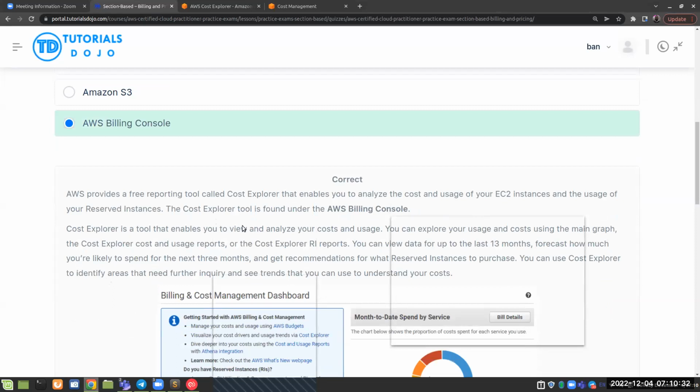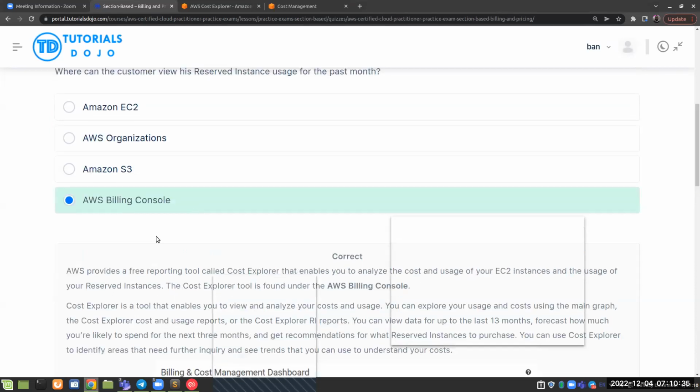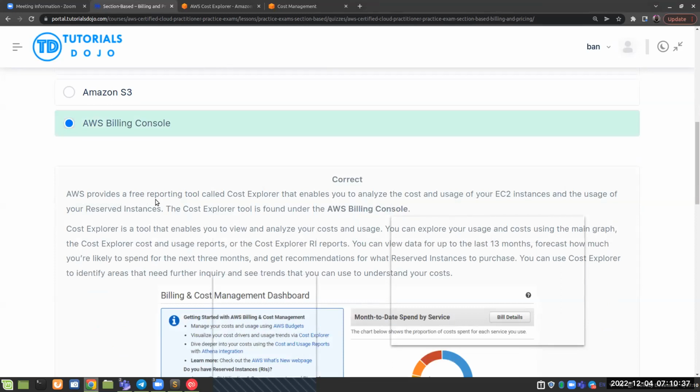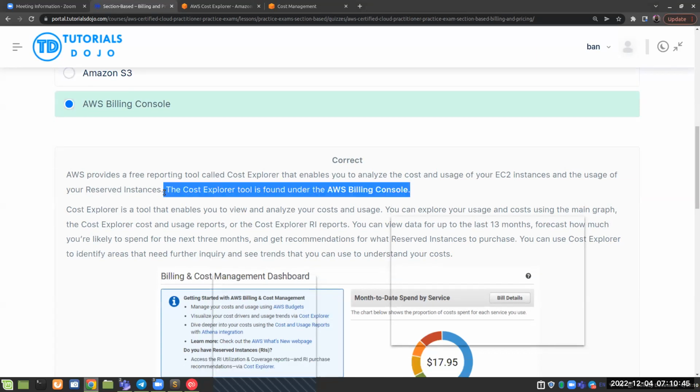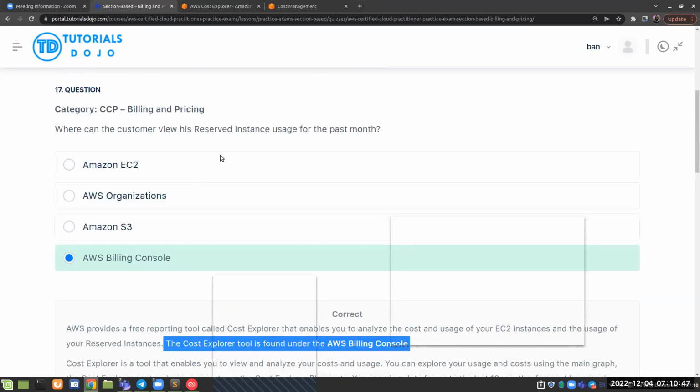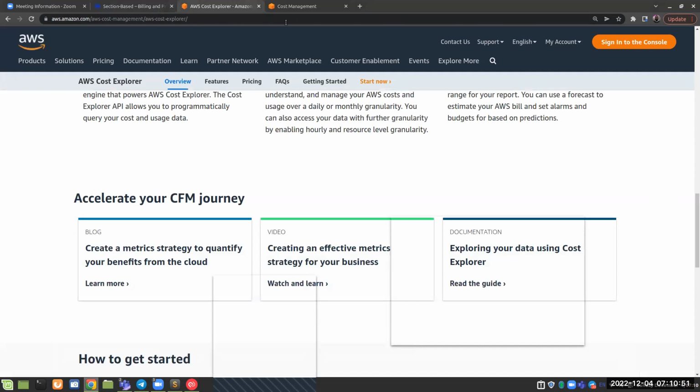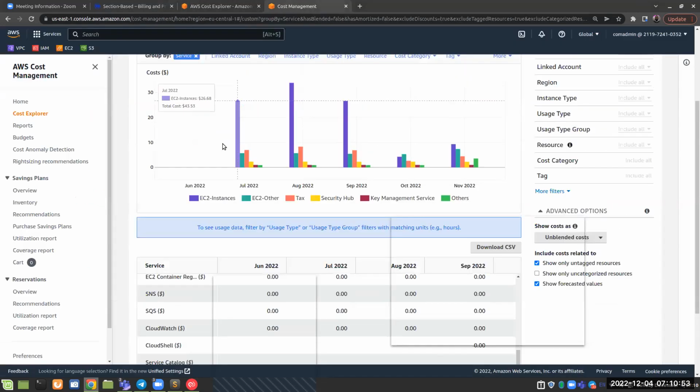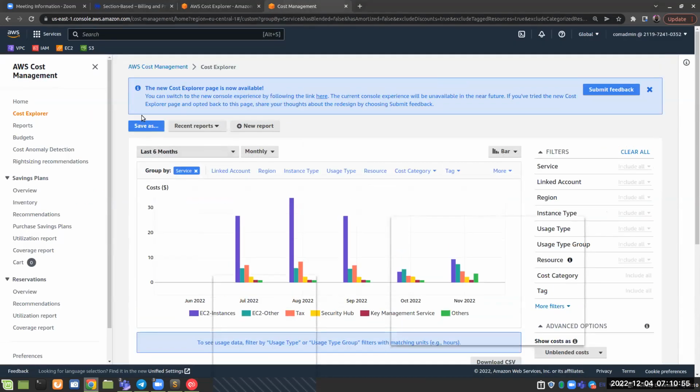So this question is a bit tricky because AWS provides a free reporting tool called Cost Explorer, and the Cost Explorer tool is actually found in the billing console. So we are just on the Cost Explorer here, right? When you come to AWS, this is actually the billing console.